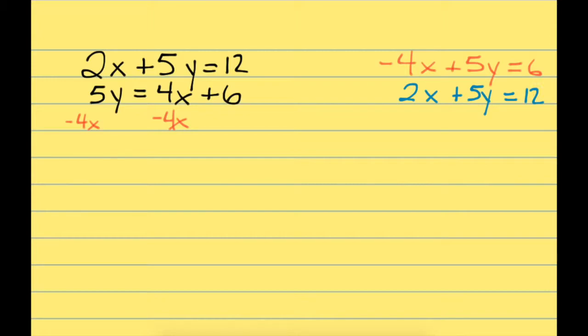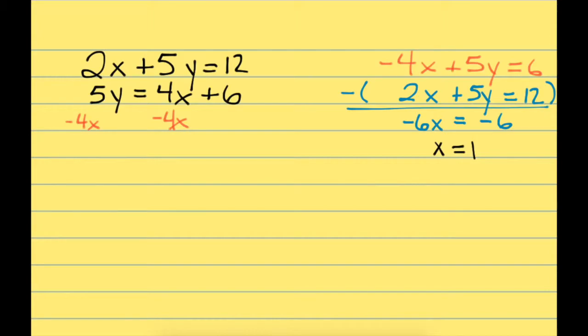Now, since those 5y's have the same sign, I have to subtract in order to eliminate them. So negative 4x minus 2x gives me negative 6x. 5y minus 5y is 0, and 6 minus 12 is negative 6. If I divide both sides by negative 6, I get x equals positive 1.